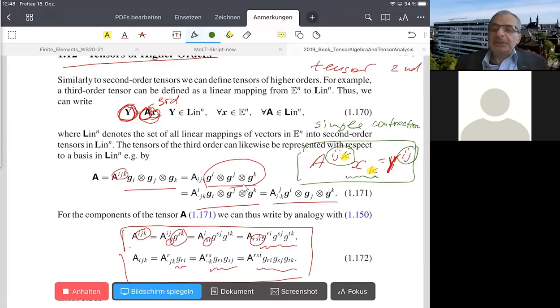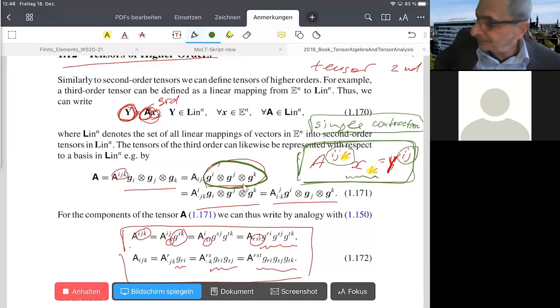There are many applications in mechanics, relativistic theory, physics, geometry, and in the classical approach a basis is not used. The tensors and operations with them are defined in terms of components, and they call this operation simple contraction. You see here we sum up over one index. That means that only two indices i and j remain free, and we get a second order tensor, right? 3 minus 1 is 2.